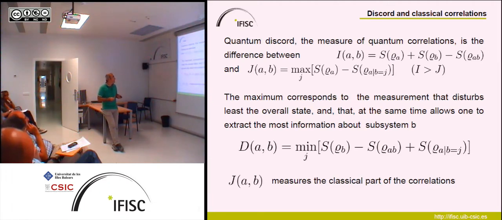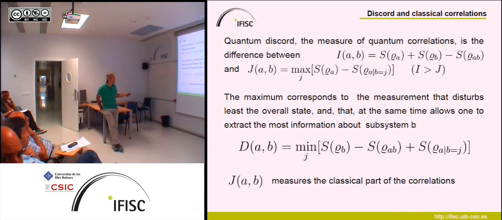Okay, I just say that there are two classical objects describing the mutual information that in the quantum scenario are not identical. Zurek and Ollivier define as the quantum part of the correlation of the system the difference between these two objects. I have I, just the difference between the density matrices, the entropies.